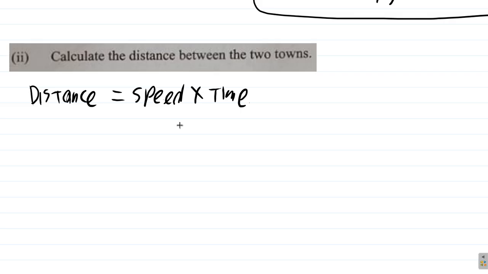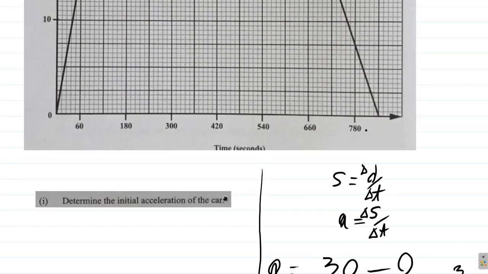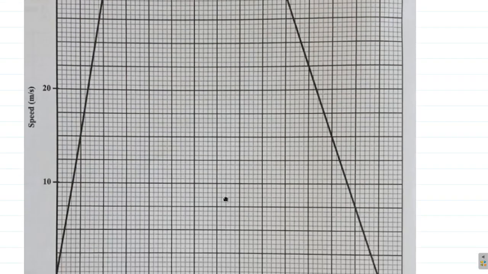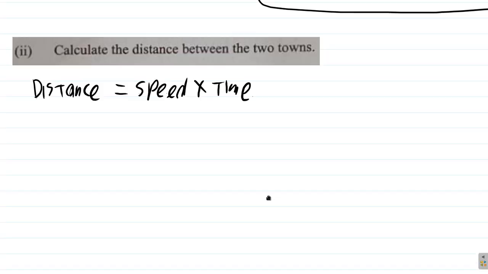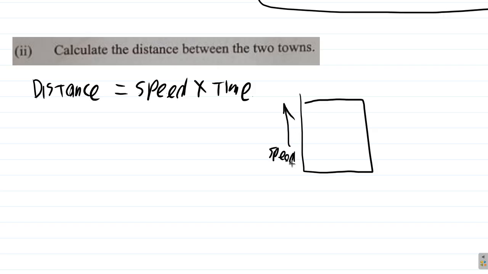Now, if you say speed multiplied by time, this is a graph with the vertical axis labeled speed and the horizontal axis labeled time.